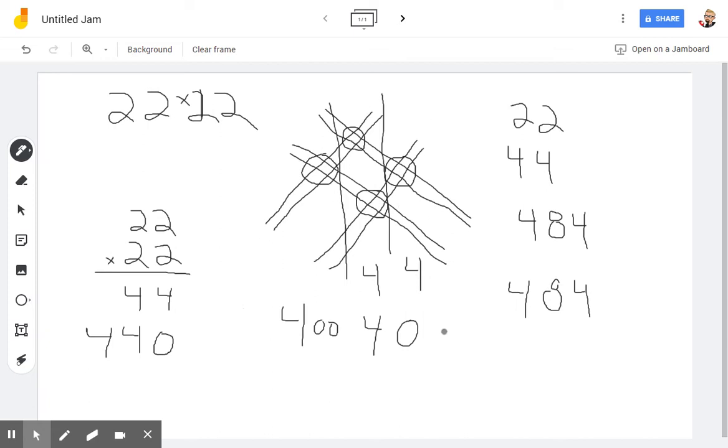I hope I said that right. Does that make more sense? I hope so. I hope it shows that these methods are actually the exact same thing, but one is being done with digits, and the other is being done with lines that you then count and turn into digits.